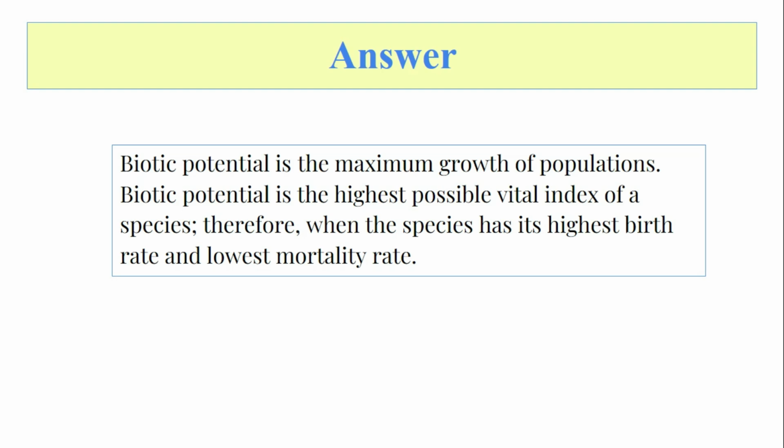But if they're getting the right conditions from the environment, their population will grow as fast and to as large a population size as possible. So when organisms are having as many births as they can, they are not dying, and their population is growing as fast as it can to the highest possible level, then that's biotic potential. Alright.